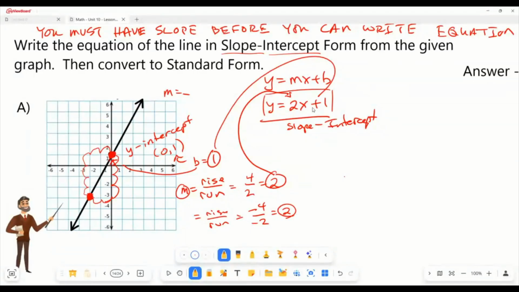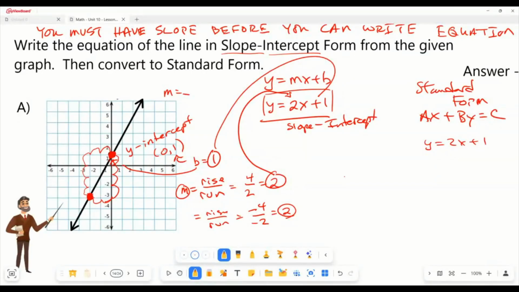There is slope-intercept. I need standard. AX plus BY equals C. AX plus BY. X and Y on the same side. Take slope-intercept. This has to move over here because I have Y by itself.